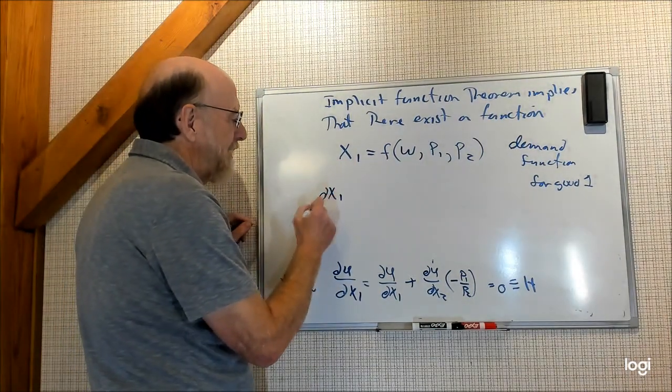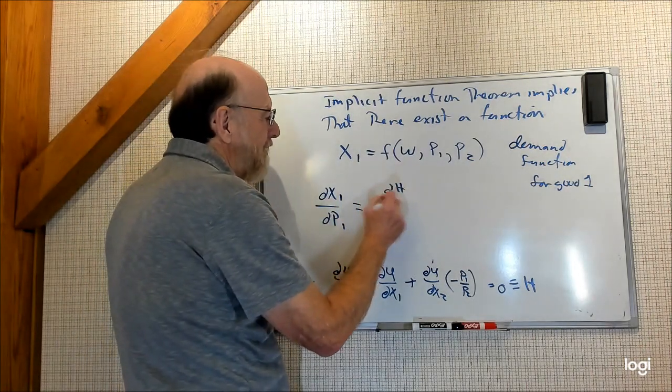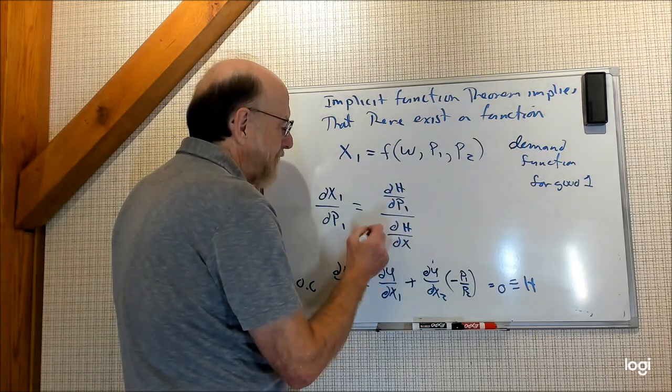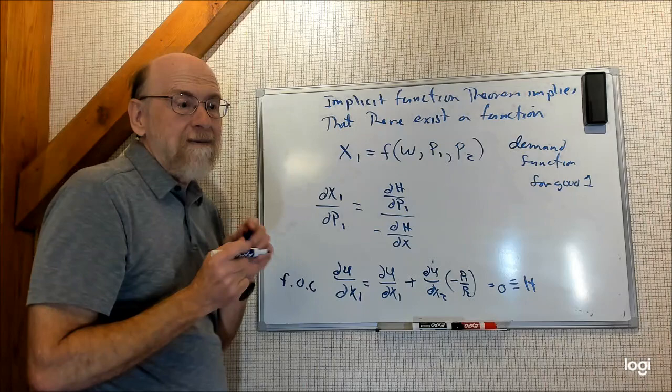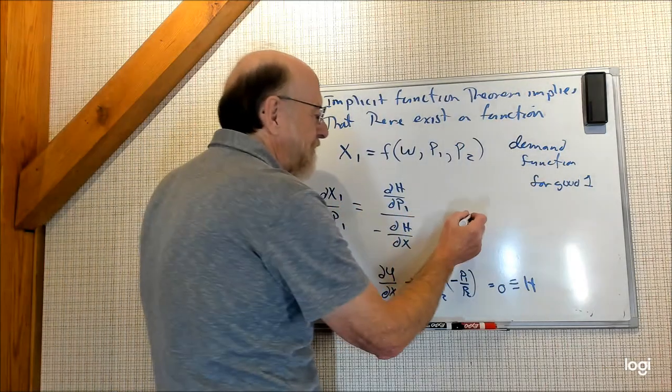Then the derivative of x1 with respect to p1 is going to be dh dp1 over dh dx1, with a minus sign. That's the implicit function differentiation rule.